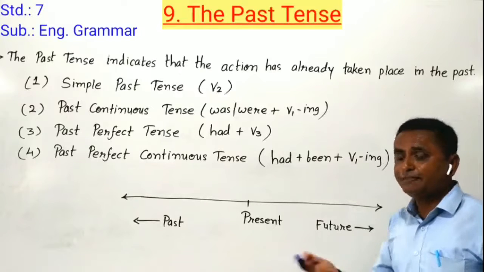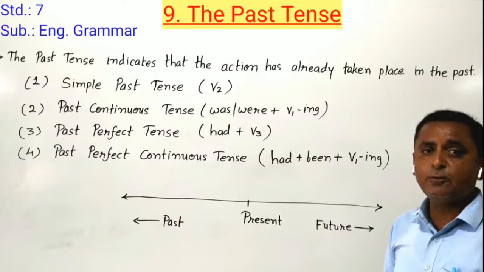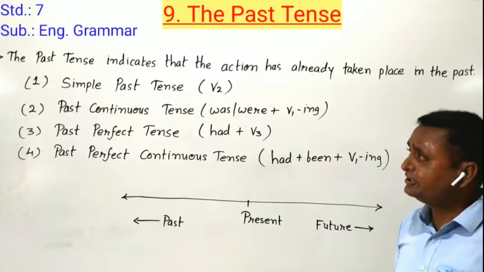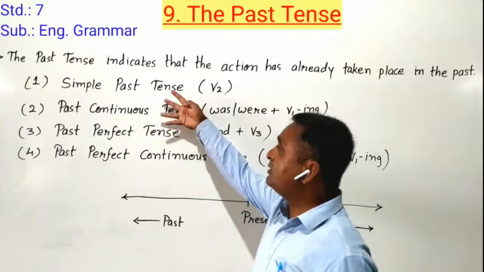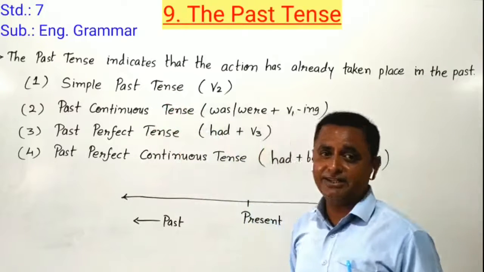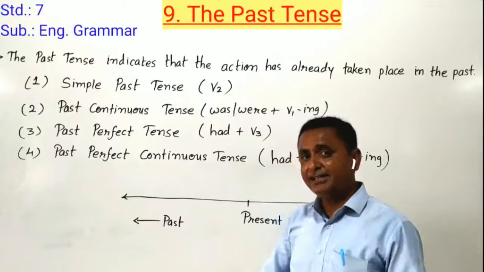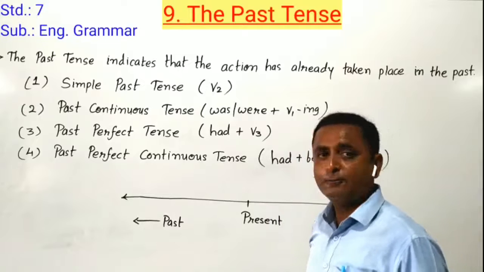So action completed in the past, that type of situation or event we have to show by the past tense. Past tense has majorly four types of tenses. As we learn in present tense, like that past tense has mainly four types of tenses.